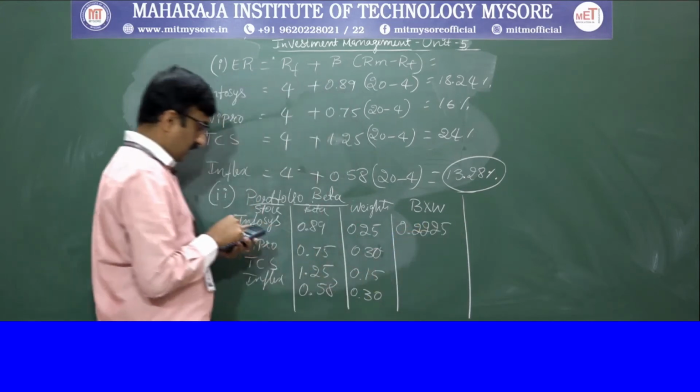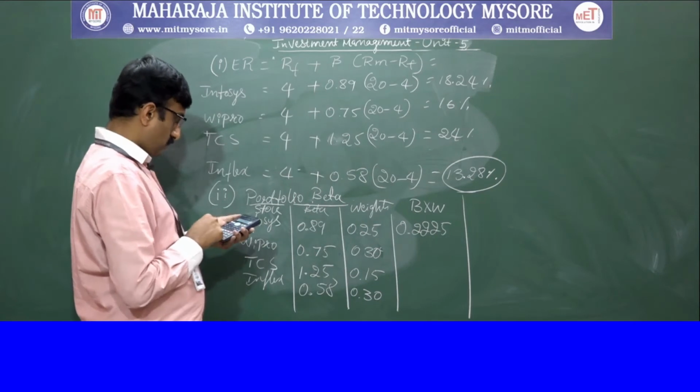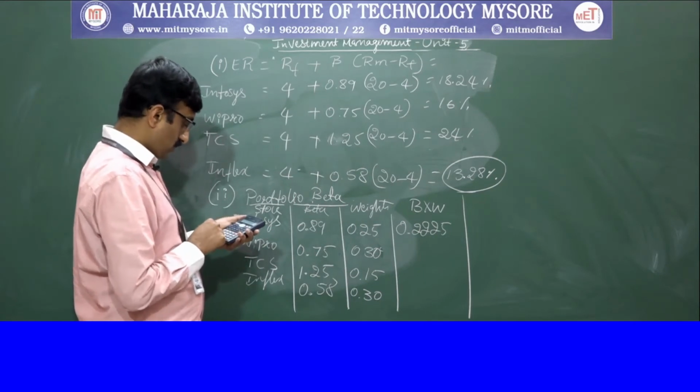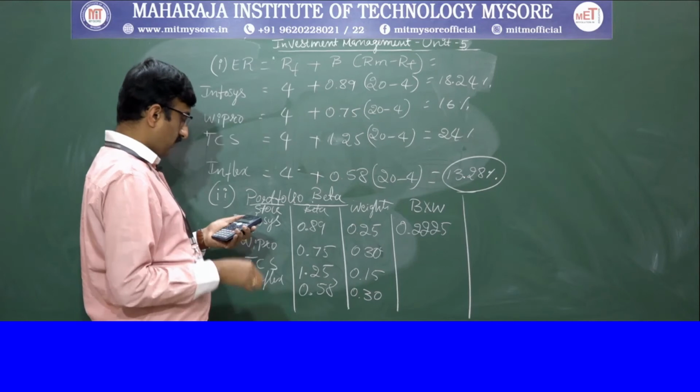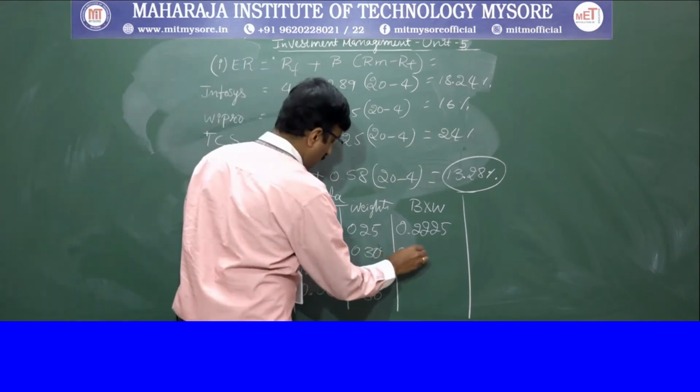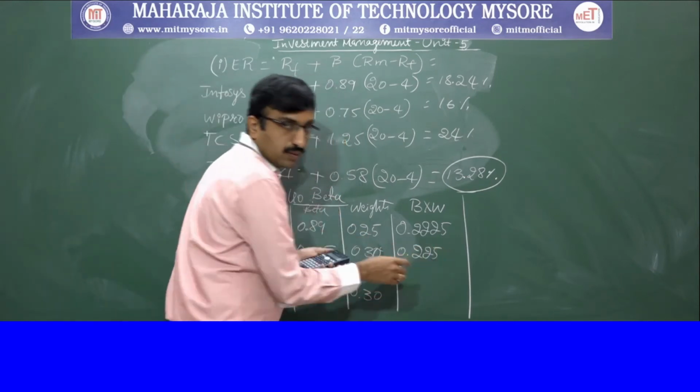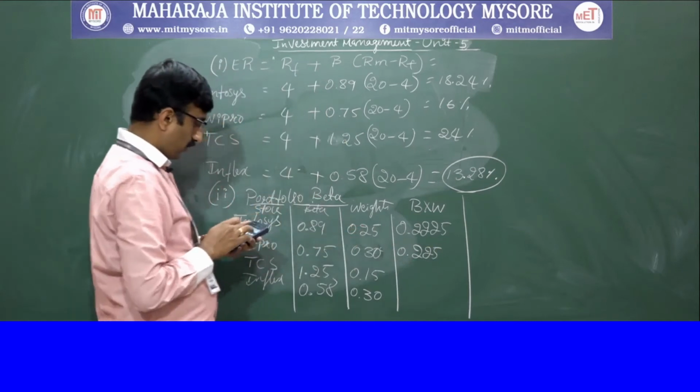Next, 0.75 into 0.3, you will get 0.225.